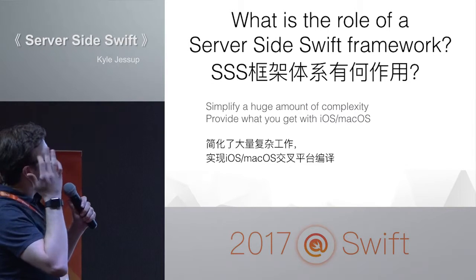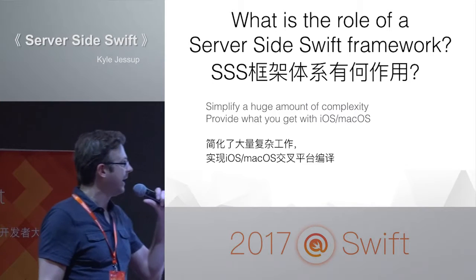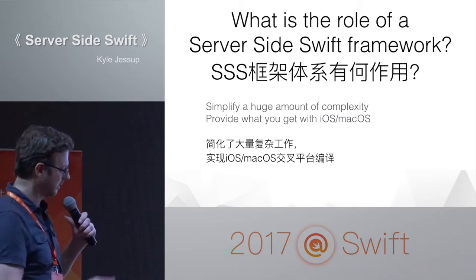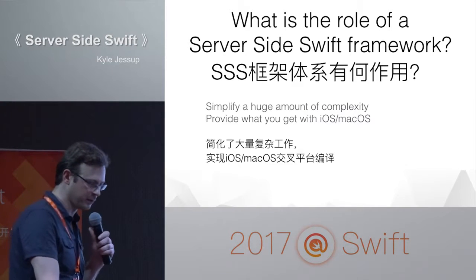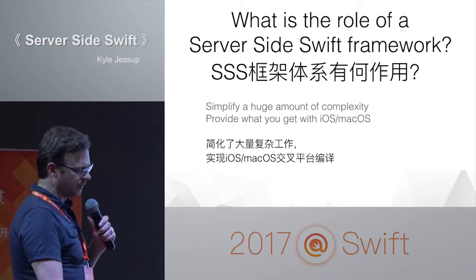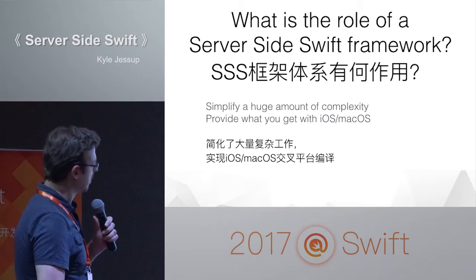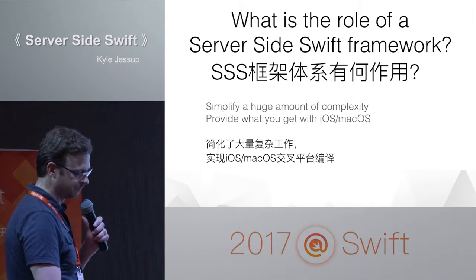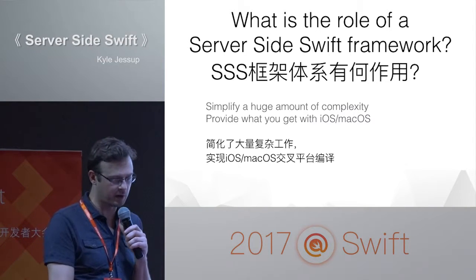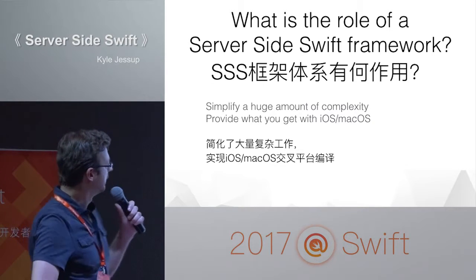So, as I mentioned before, I'm here on behalf of Perfect, and it is a server-side Swift framework. So, what does that mean? The goal of a server-side Swift framework is just to make things far more simple. There's a huge amount of complexity in a server and handling requests and giving them responses, and our job and any server-side Swift developer's job or framework developer's job is to hide all that from you, just to make it as simple as possible.